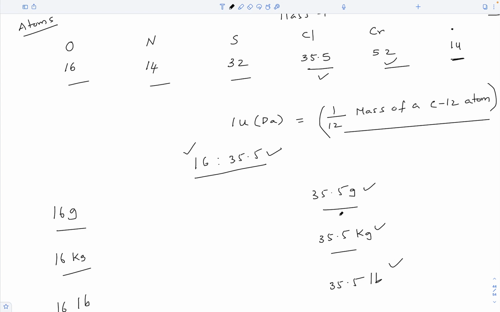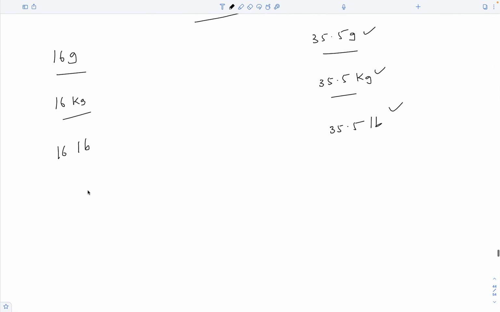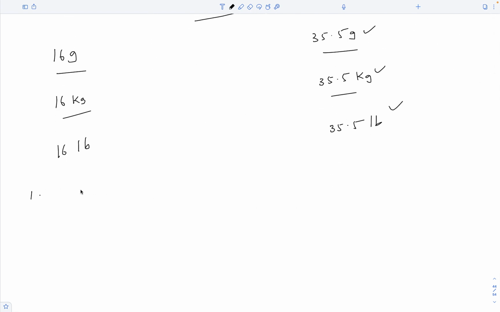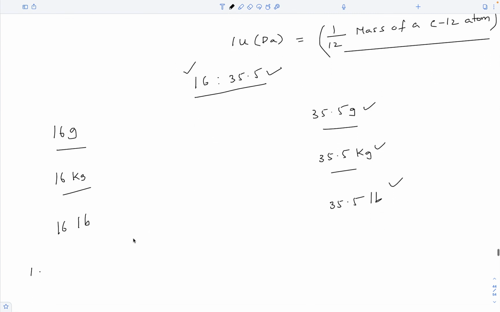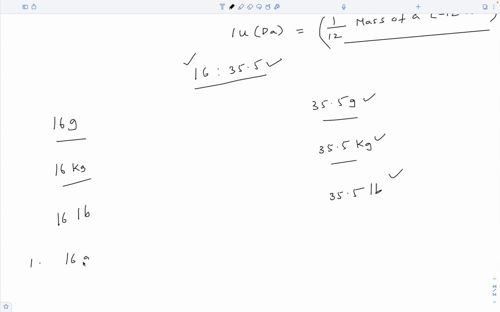Now, in what quantities must we buy them? One option is take atomic weight of each element and simply add the unit gram. That is, take 16 grams of oxygen, 14 grams of nitrogen, 32 grams of sulfur, 35.5 grams of chlorine, 52 grams of chromium, and so on.